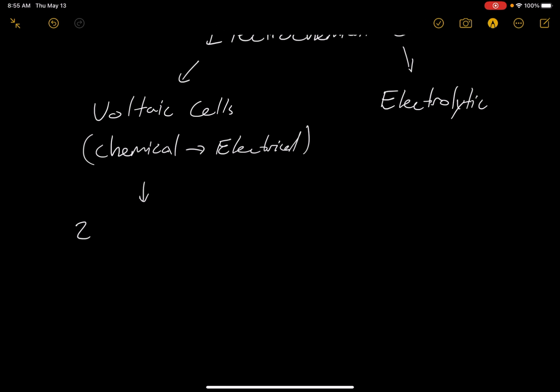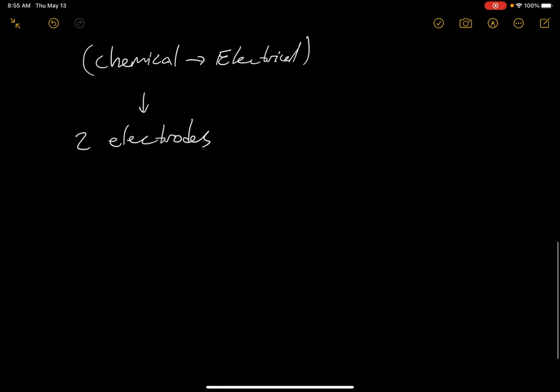Now, in a voltaic cell, the major component that you'll need are two electrodes. All right, so the first electrode would be an anode, and the other electrode that you'll need is a cathode. Now, these electrodes allow electrons to flow through.